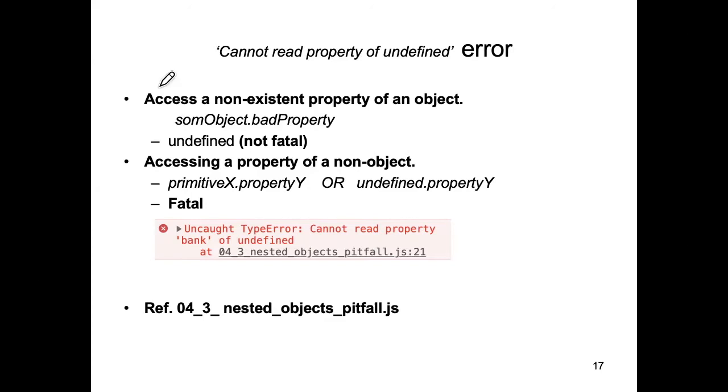I'm saying when you access a non-existent property of an object, that won't cause your code to crash. It's not fatal. If you try to access a non-existent property of an object, so generically, we get a reference to an object, and I try to access this property of that object. That entire expression is not actually going to cause my program to crash.